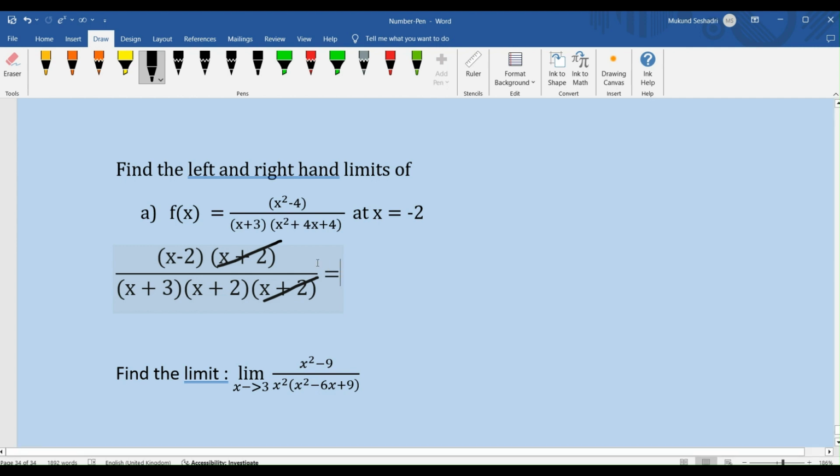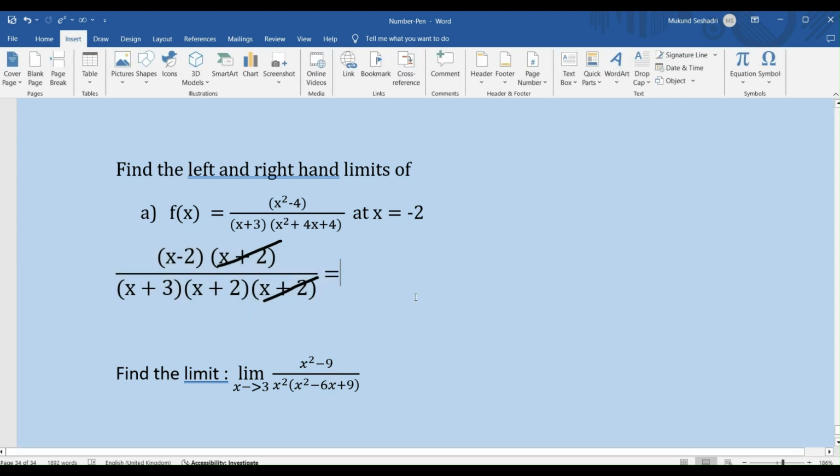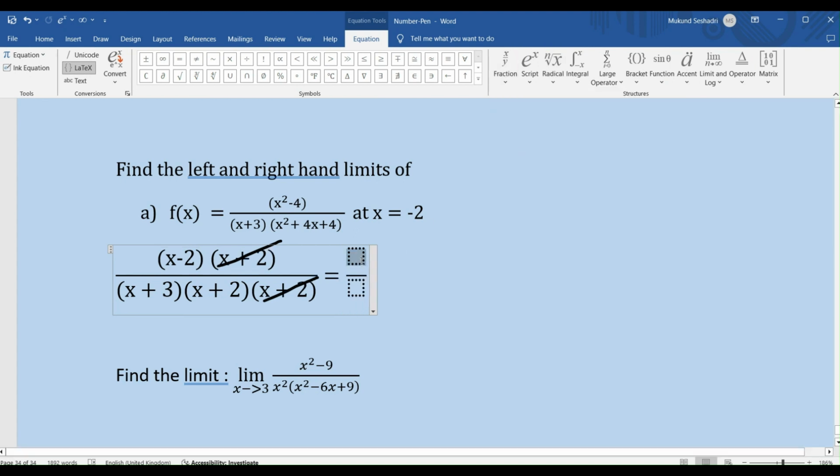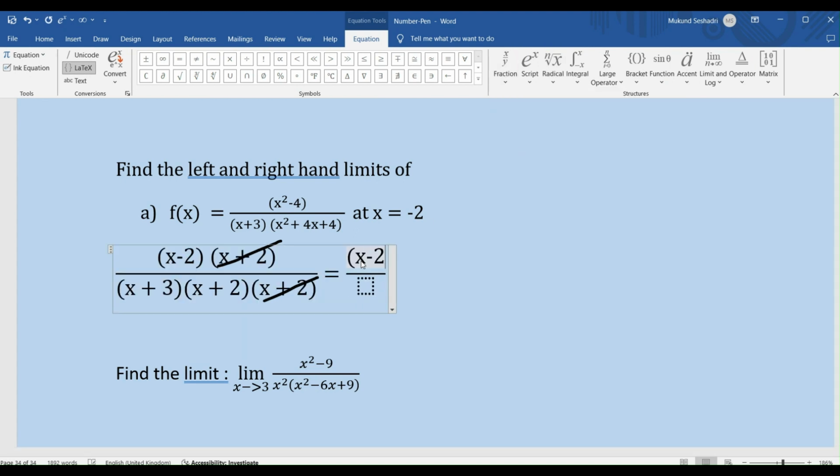So let me write this expression out. So this is the final expression. I don't think we can simplify this further. Let's write it out and then go ahead to calculate our left hand limit and right hand limit, right?